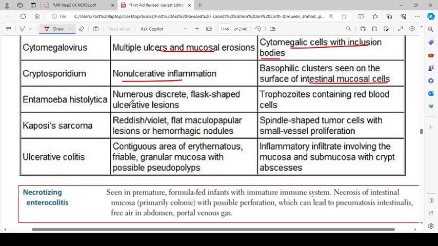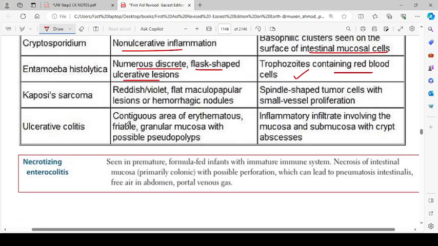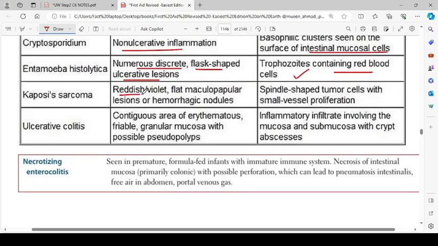Entamoeba histolytica: numerous discrete flask-shaped ulcerative lesions, trophozoites containing red blood cells. Then Kaposi sarcoma: reddish-violet, flat maculopapular regions or hemorrhagic nodules. On biopsy, spindle-shaped tumor cells with small vessel proliferation. And in ulcerative colitis, contiguous areas of erythematous, friable, granular mucosa with possible pseudopolyps, and inflammatory infiltrates involving the mucosa and submucosa with crypt abscesses will be seen on biopsy.